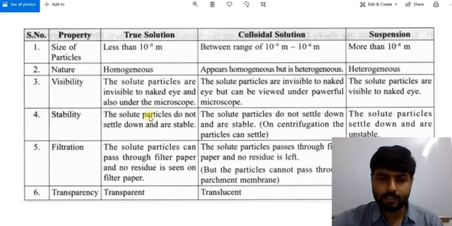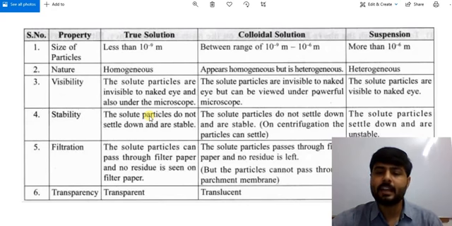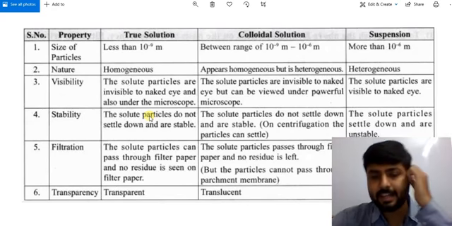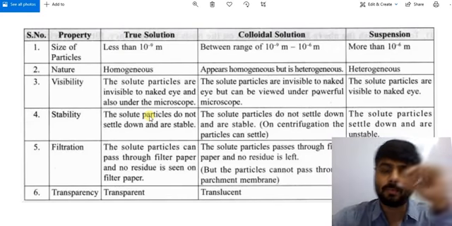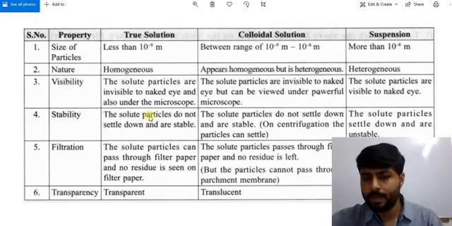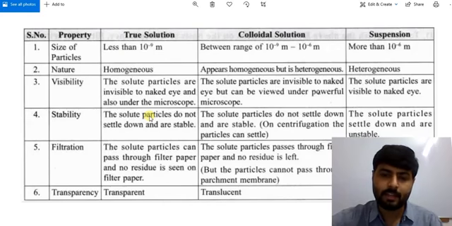So here, the second point, you can see that the solute particles are invisible to the naked eye but can be viewed under a powerful microscope. If you have a powerful microscope, then you can see the solute particles. Solute particles here means the dispersed phase.